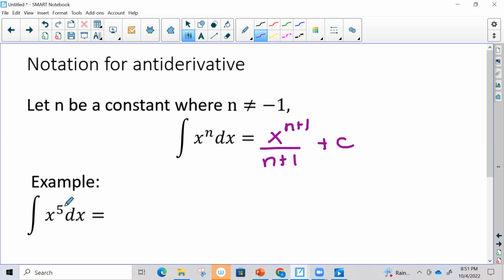So for example, x to the 5th dx, we would add 1, so 5 plus 1 is 6. I divide by that new exponent of 6, and then I put plus c. And again, this is the notation we're going to use more than labeling one as f prime and the other as f.